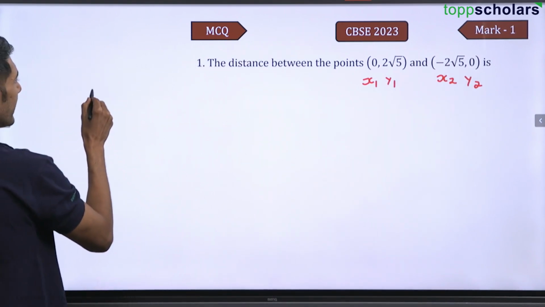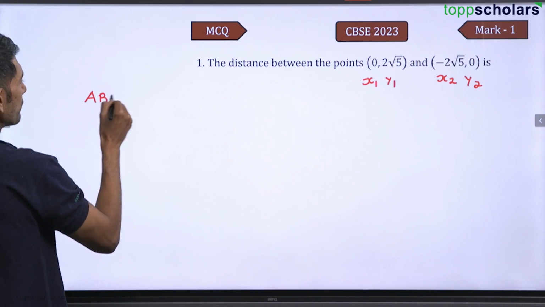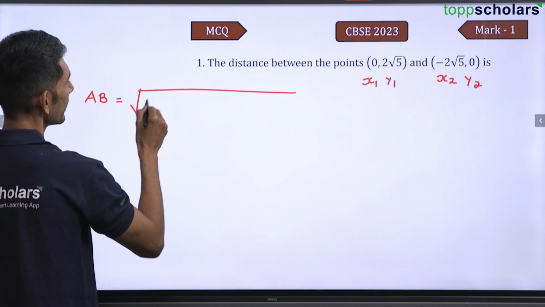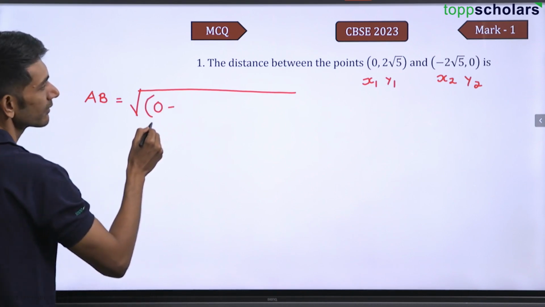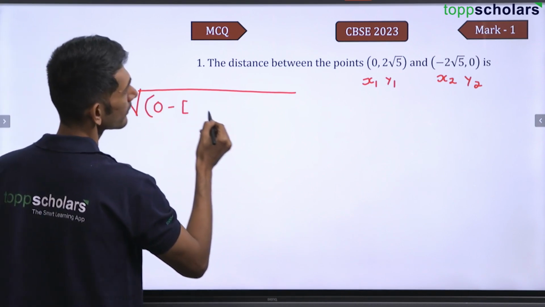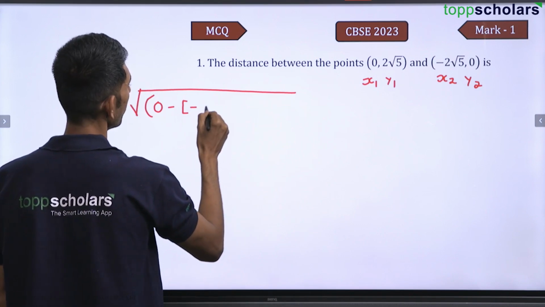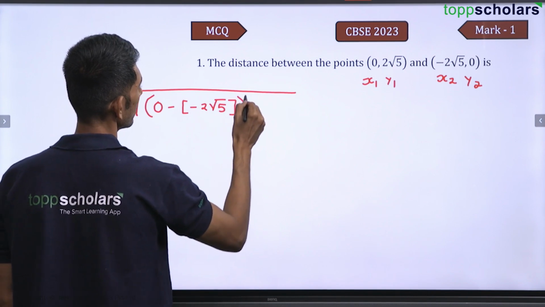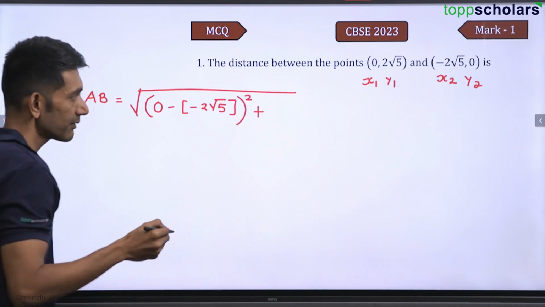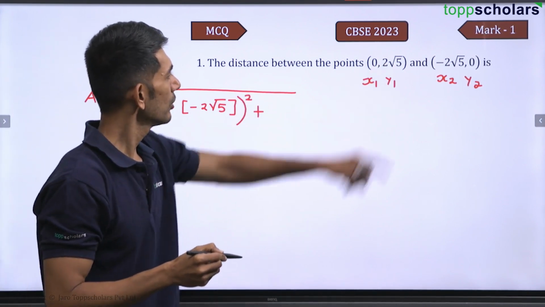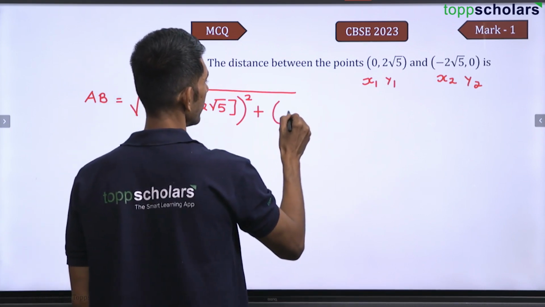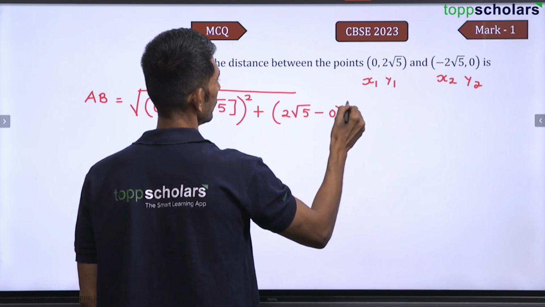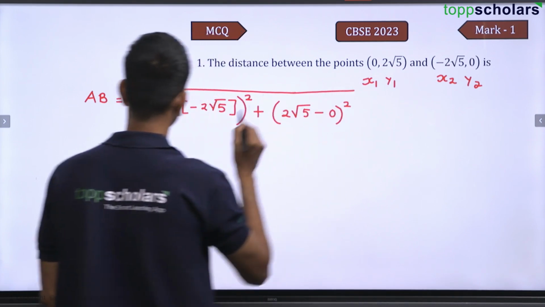So if I take the 2 points as A and B, distance between AB will be under root (x2 minus x1), that is 0 minus minus 2 root 5, the whole square, plus (2 root 5 minus 0) the whole square, correct?